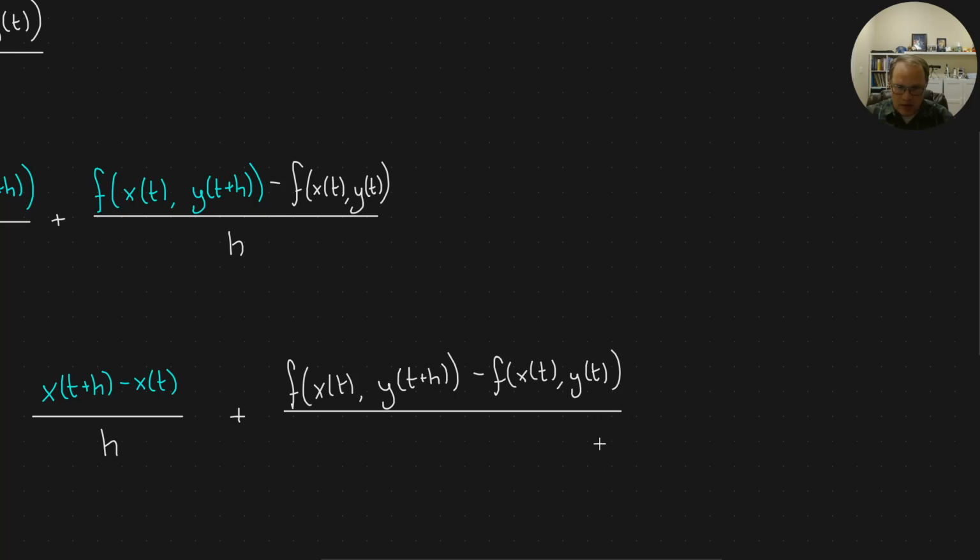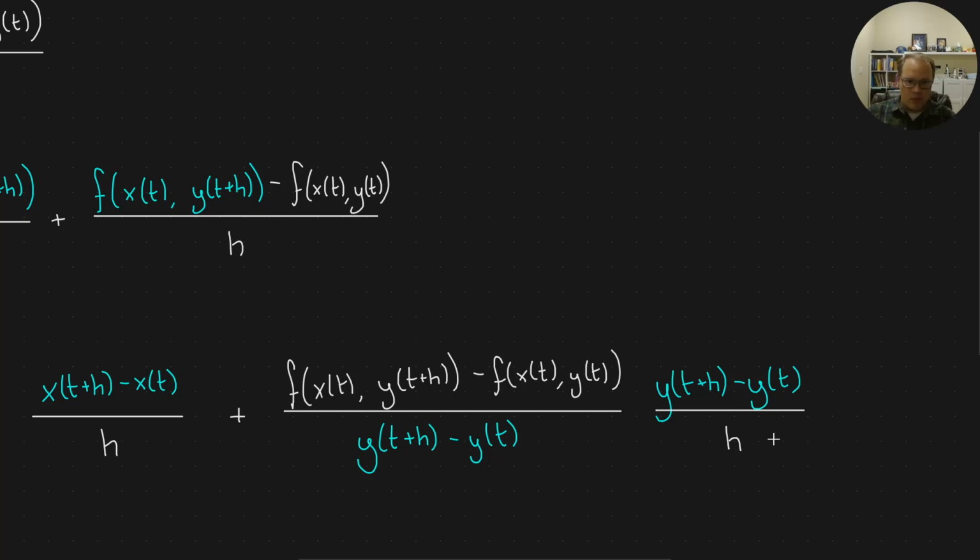The change is coming down here in the denominator. Instead of looking at h down here, I'm going to look at how y changes, so y of t plus h minus y of t. And since I'm dividing by this, I have to keep things balanced and multiply by it also. And I'll put this h right here in the denominator of this second fraction. Okay?